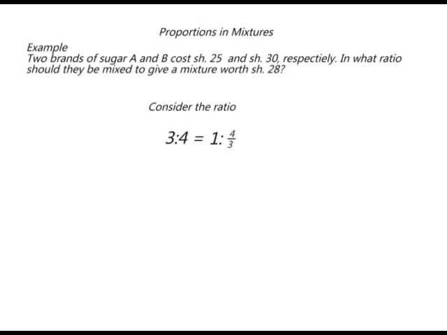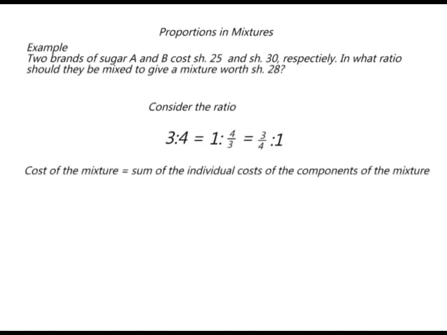Or dividing by 4, we shall have 3 over 4 to 1. In working proportions in mixtures, we find this fractional ratio by making any of the elements 1, and then we will find the whole number ratio after we are done. 2. The cost of the mixture is equal to the sum total of the individual components in the mixture.